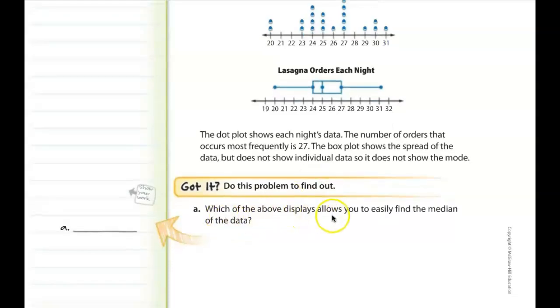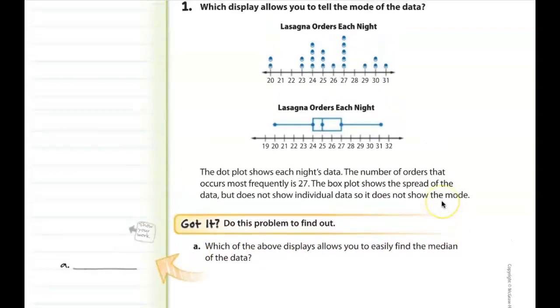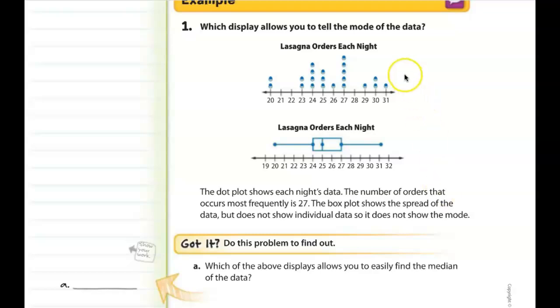Which of the above displays allows you to easily find the median of the data? Now I'm going to tell you now, with both of them you can find the median, but which one is the easiest to see? Go ahead and answer that for me now. The best to show the median is actually the box plot because it is a line that is in the middle of the box.